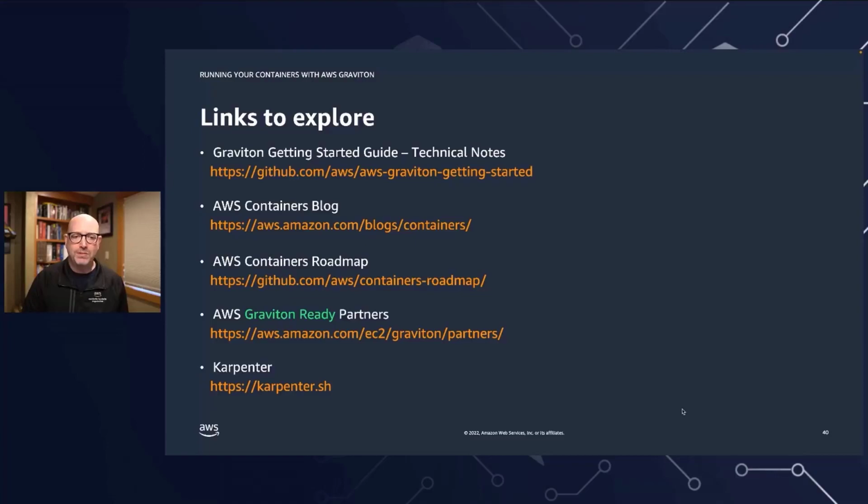Our engineers update this weekly to reflect the latest information available as we learn more from our customers and our own research as well. And we provide a lot of useful and actionable advice there about all sorts of application environments and the right low-level tuning that you may or may not need. We also provide advice about which are the best libraries and runtimes for getting the best experience out of Graviton.